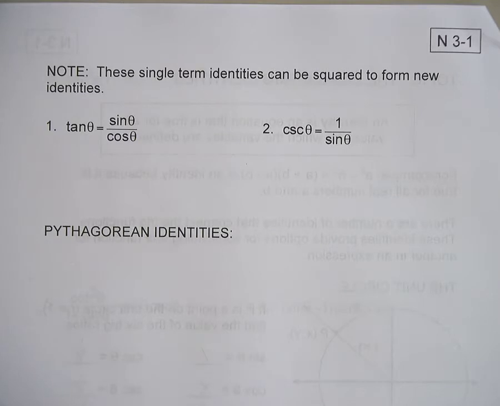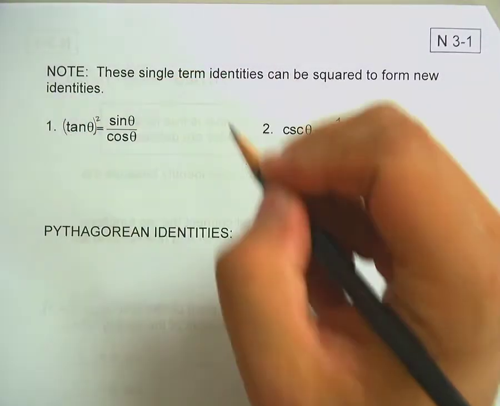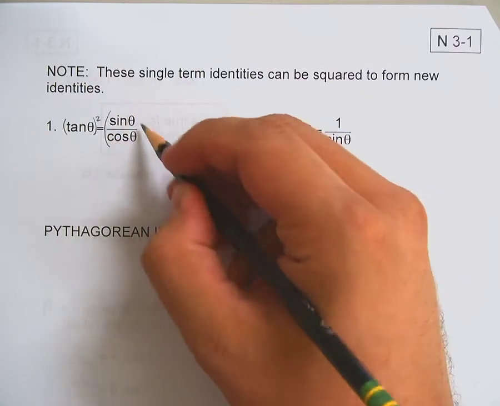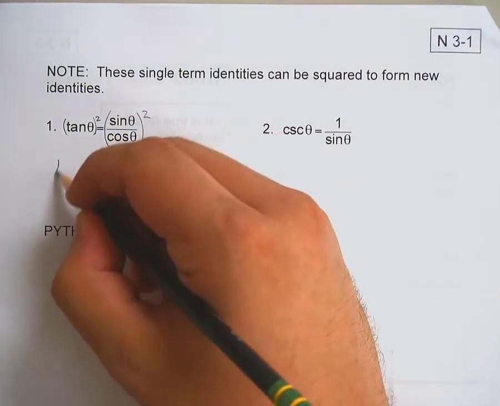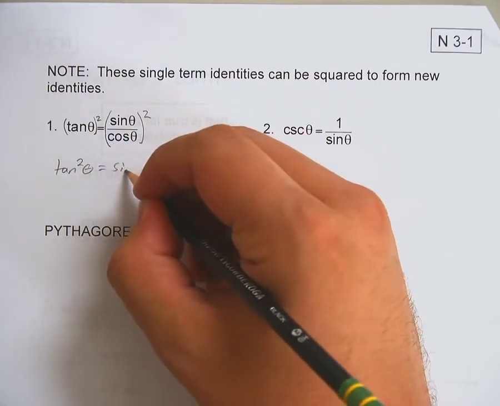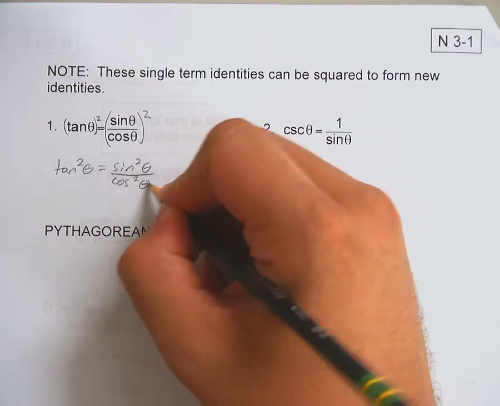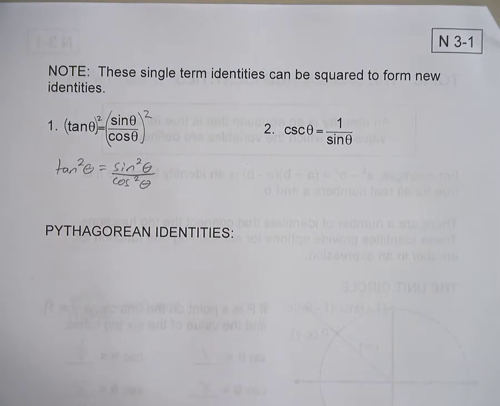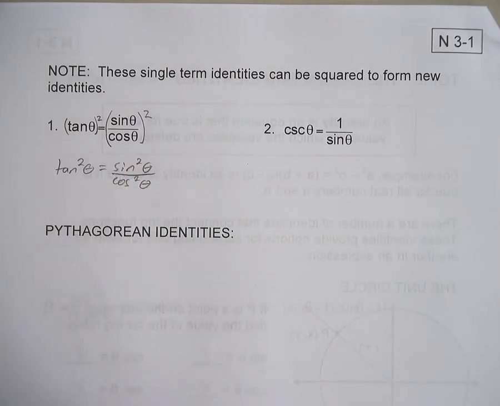In other words, if I was to square tangent, anything I do to one side, I've got to do to the other. So wouldn't tangent squared theta be sine squared theta over cosine squared theta? Remember, you were squaring the actual sine and cosine, not the theta.